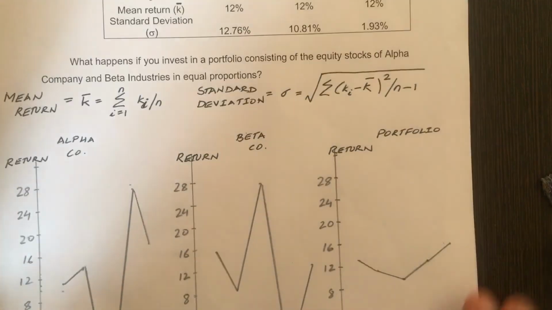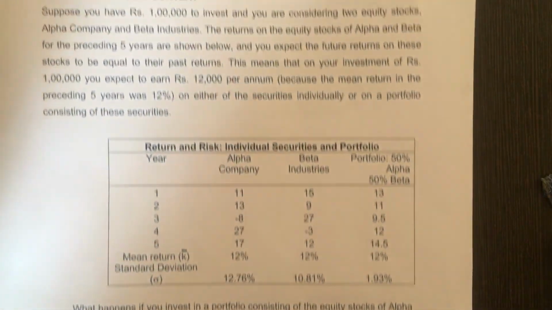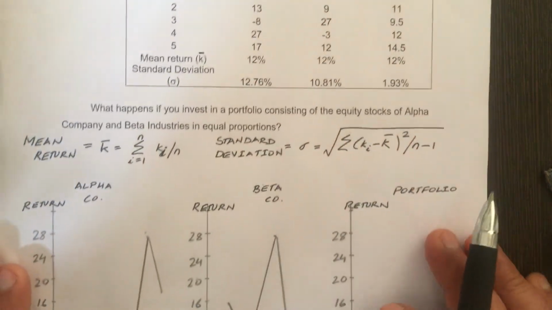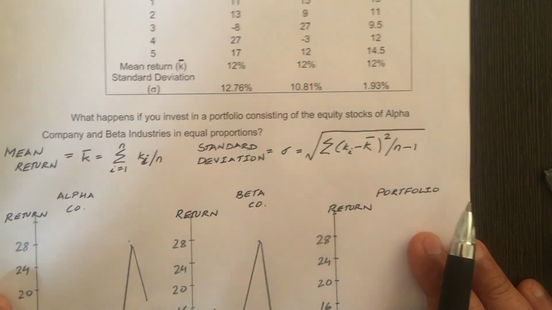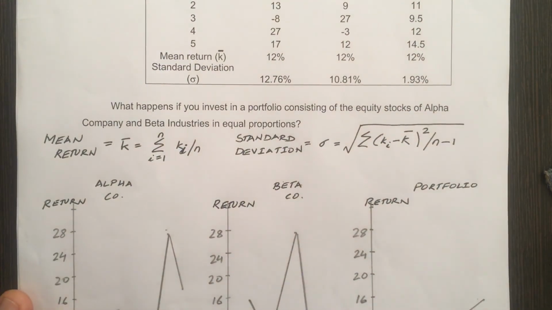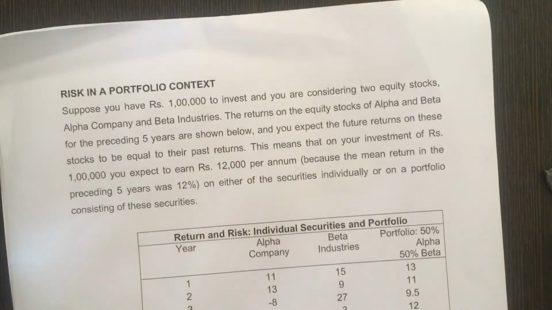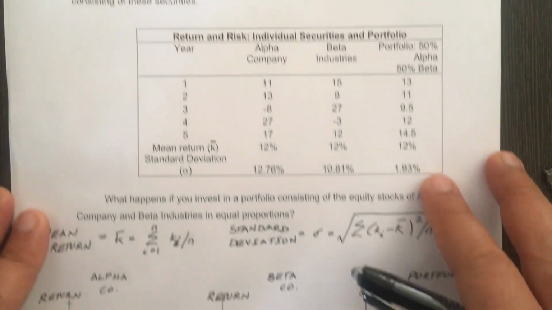So that is the concept of risk in a portfolio context. I hope you have understood. In the next video, I am going to solve a problem related to risk in a portfolio context.